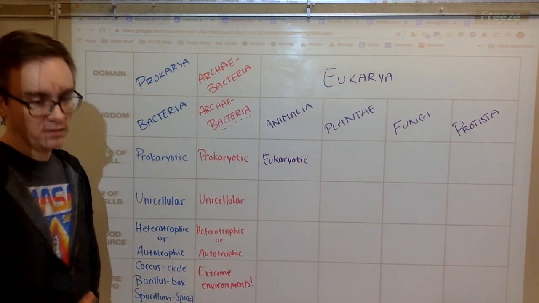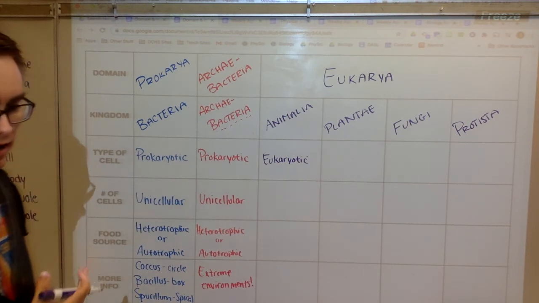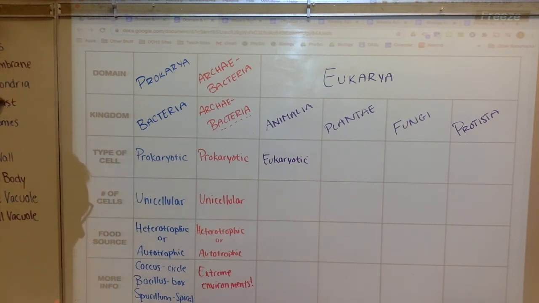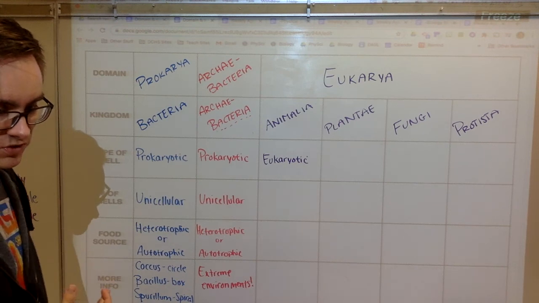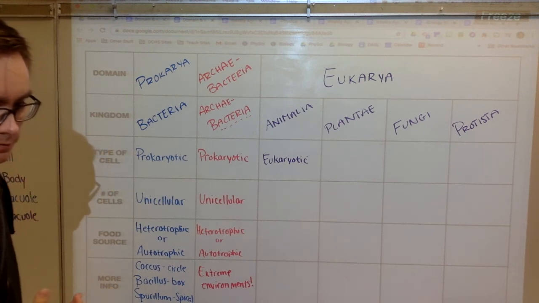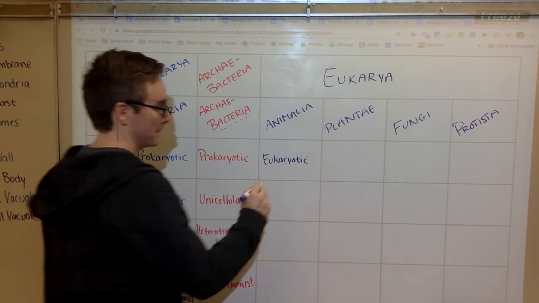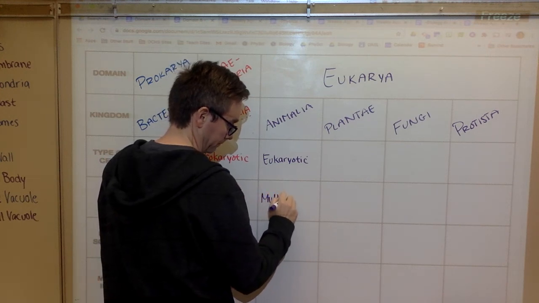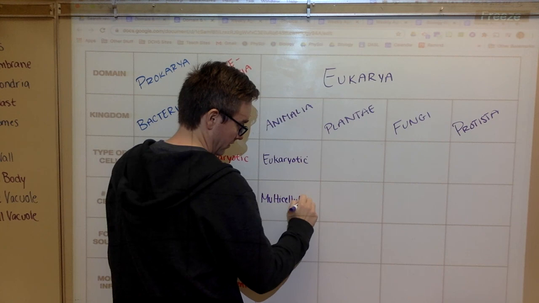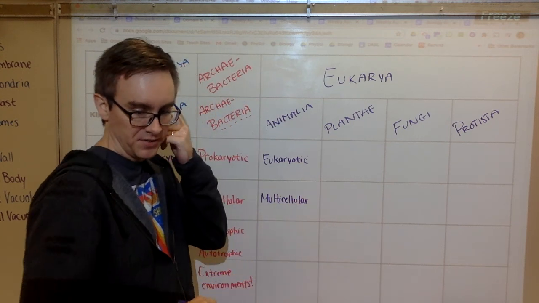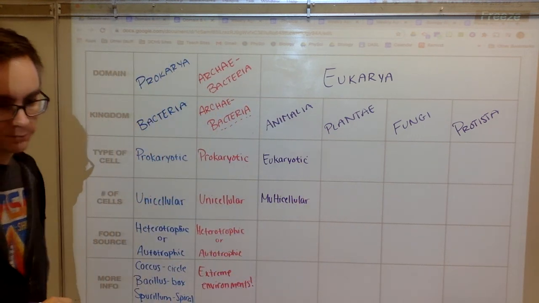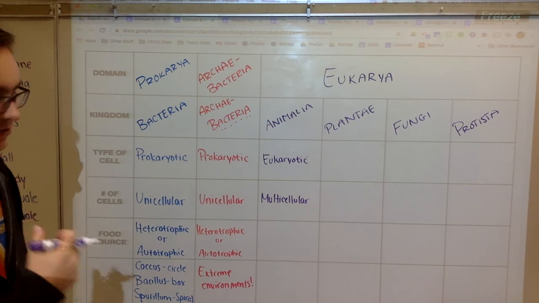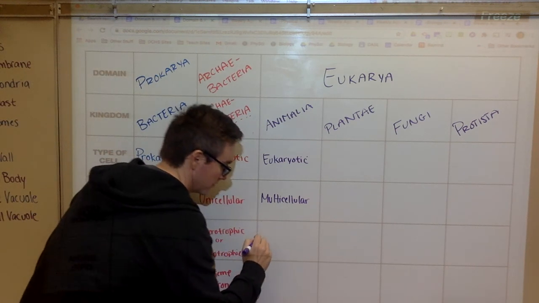Animal cells, or anything in the kingdom Animalia, are going to be multicellular. They are also going to be heterotrophs.